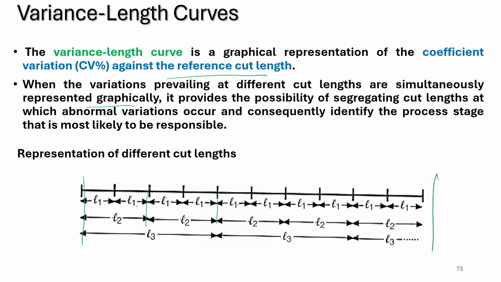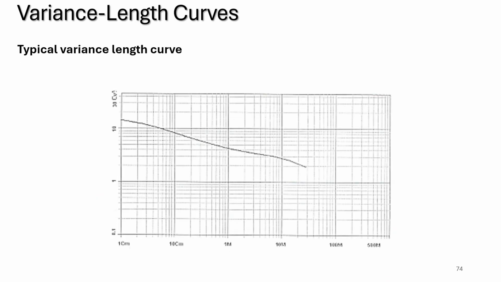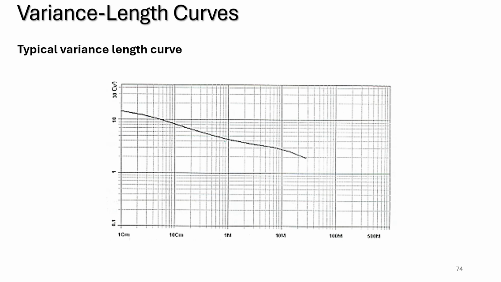L2 is twice L1, and L3 is four times L1. In this way we take different cut lengths, calculate the variance and then plot. In the typical variance length curve we get almost a straight line, where the x axis is in the logarithmic scale and the y axis is the variance.